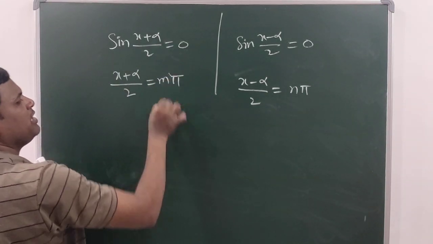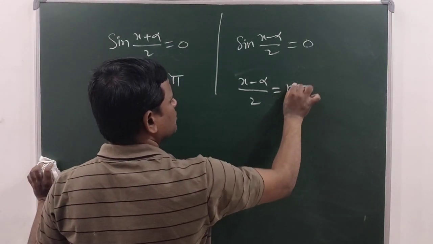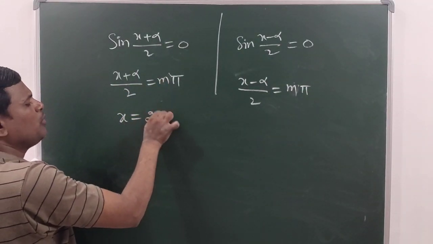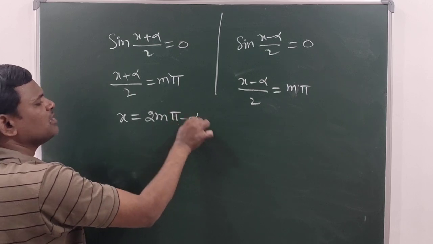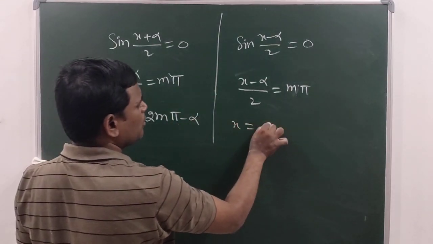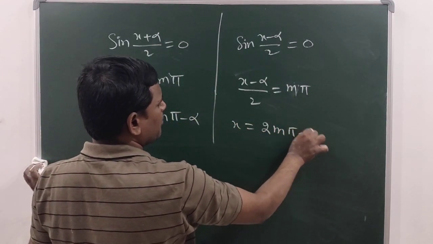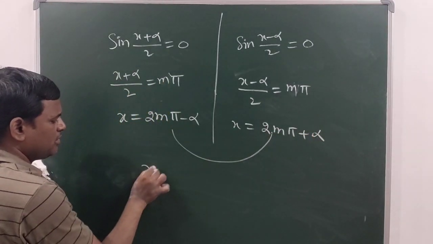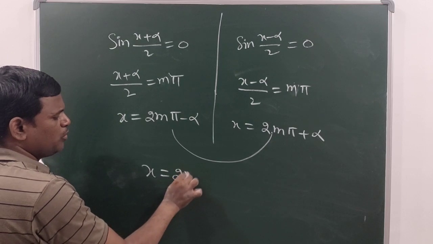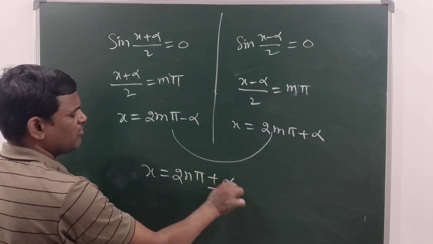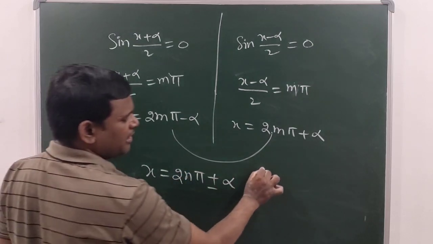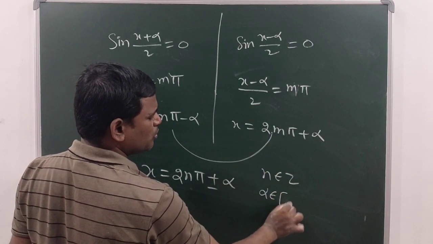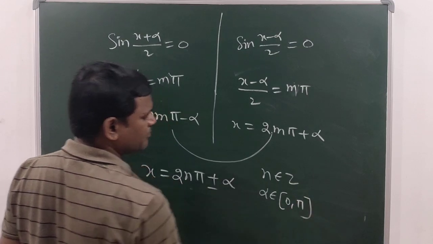Take m belongs to integers here also. Now simplify: x equals 2m pi minus alpha, and here x equals 2m pi plus alpha. Now putting together, x equals 2n pi plus or minus alpha, where n belongs to integers and alpha belongs to the closed interval 0 to pi.